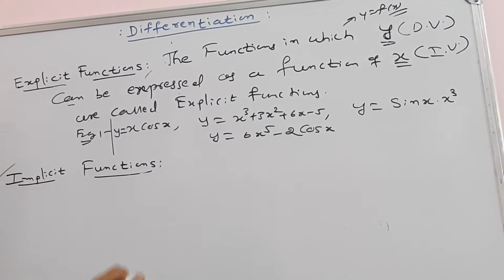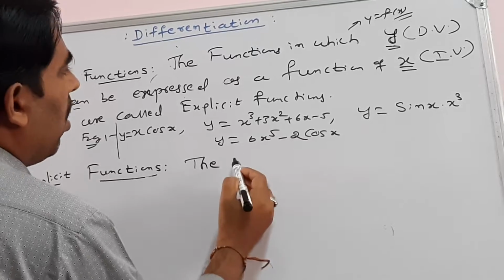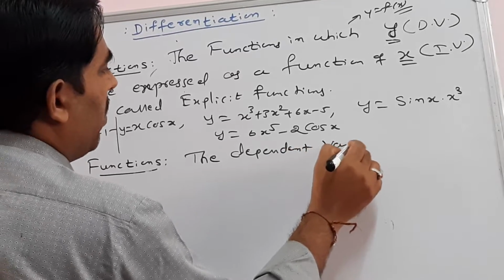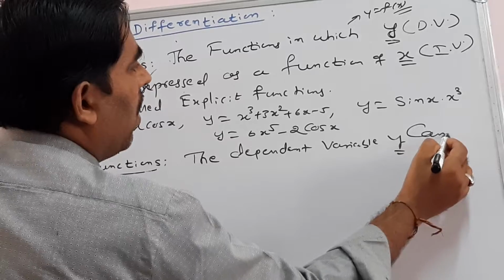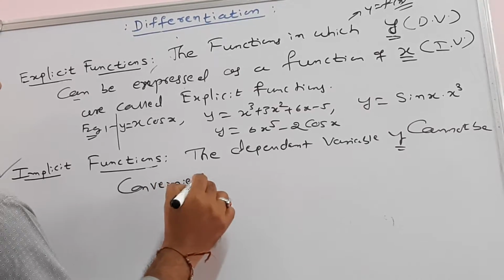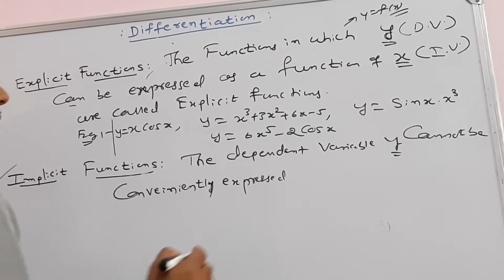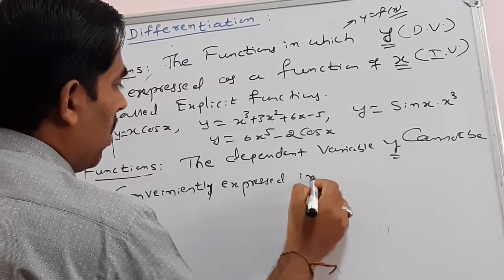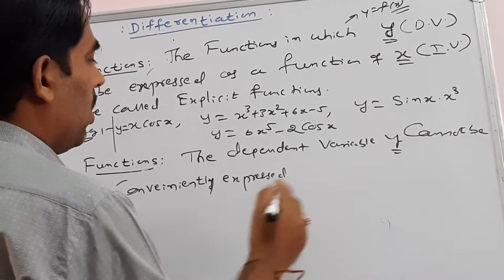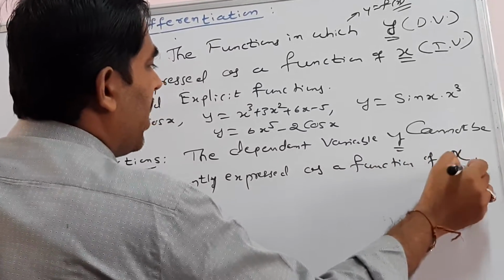Implicit is exactly opposite. The dependent variable y cannot be conveniently expressed as a function of the independent variable x.